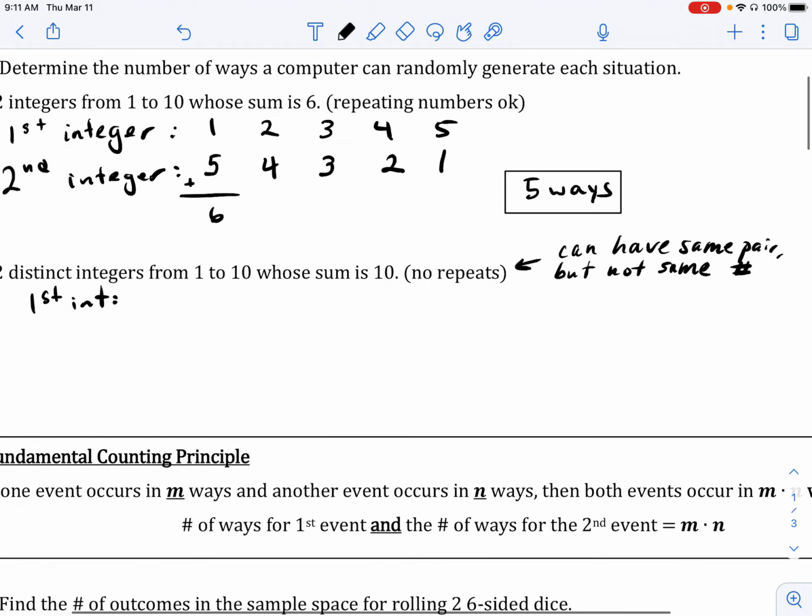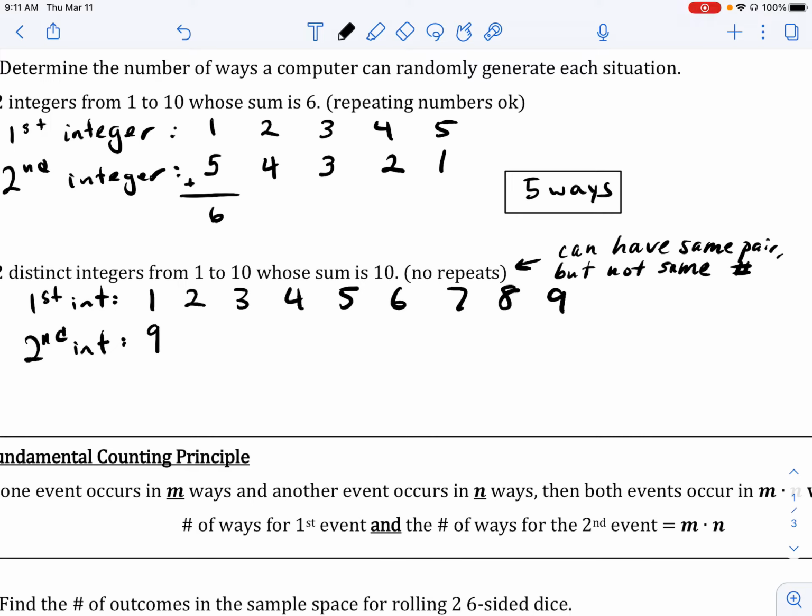All right, so for the first integer, our numbers would be 1, 2, 3, 4, 5, 6, 7, 8, 9. If the first number is 1, then the second integer would have to be 9, and we just go down the line this way: 8, 7, 6, 5, and this is where we have our first issue.